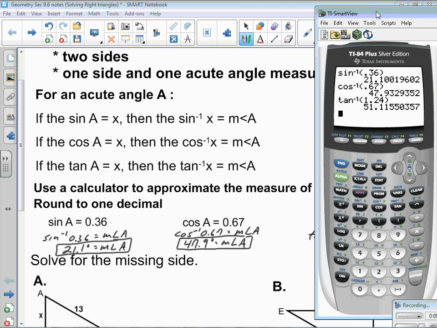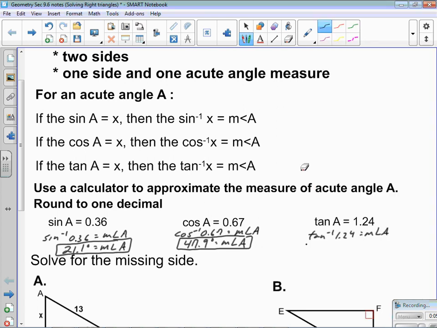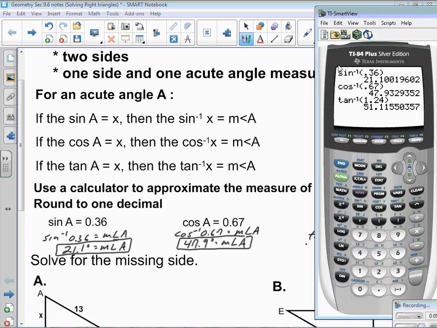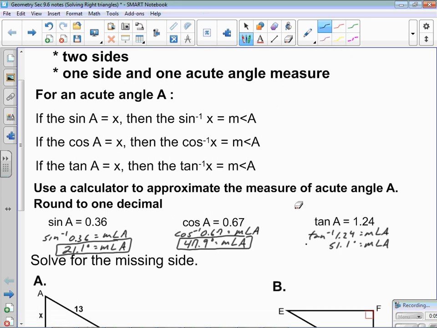So 51.1 degree angle. All right, so 51.1 degrees is the measure of angle A for that one.